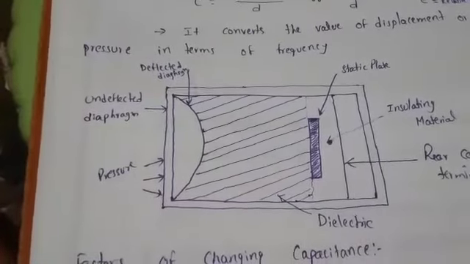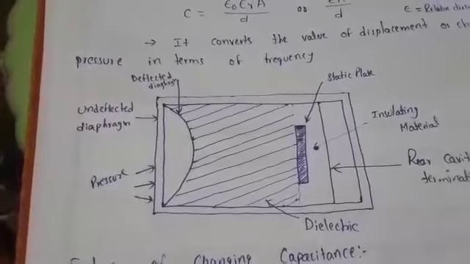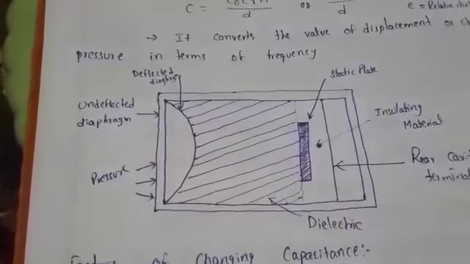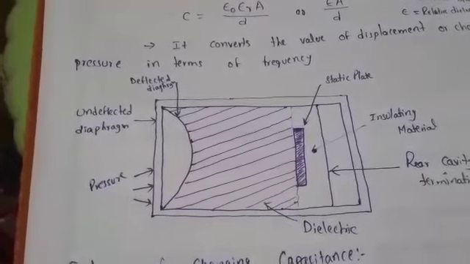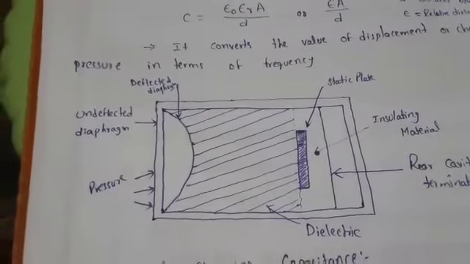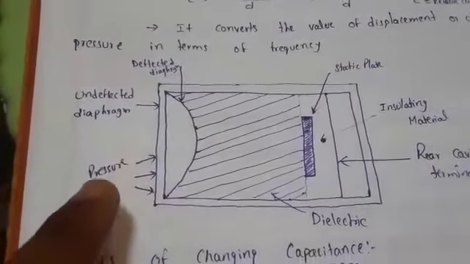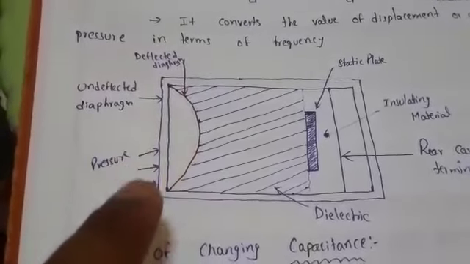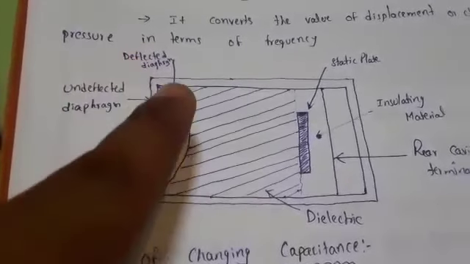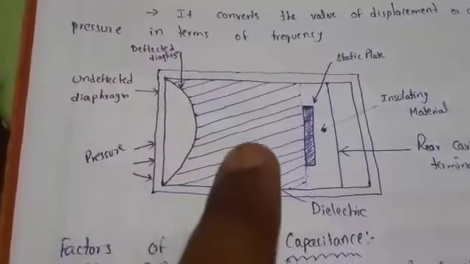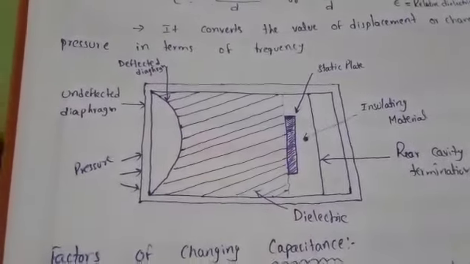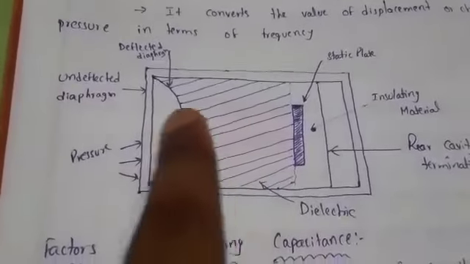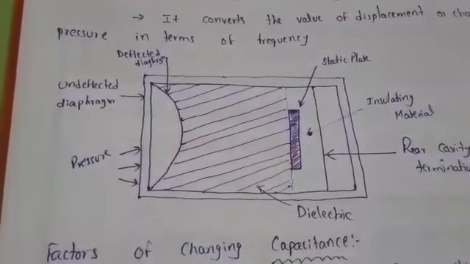This produces a change in capacitance, which is measured by using an AC bridge. So whenever the force is applied to the outer side diaphragm, it will be the deflected diaphragm, and the displacement between the plates decreases, producing a change in capacitance between the two plates.